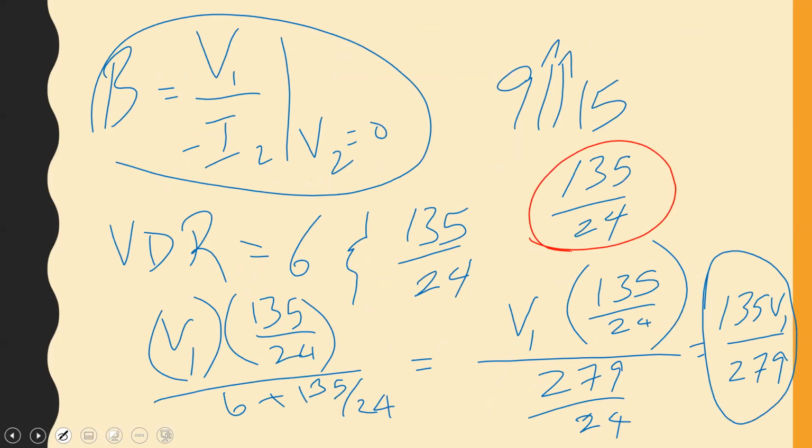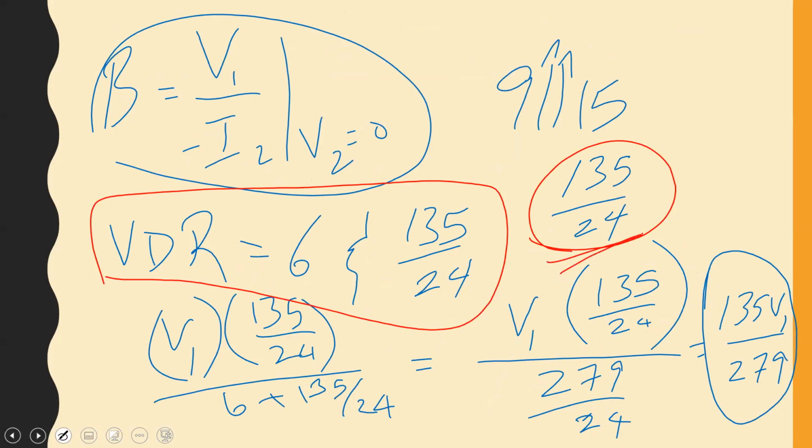I then use voltage division between the 6 and this combined resistance because they are now in series. So this is the voltage division: V1 times the resistance you're interested in over the sum.